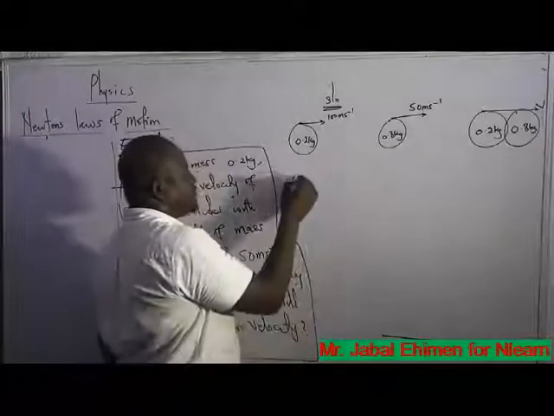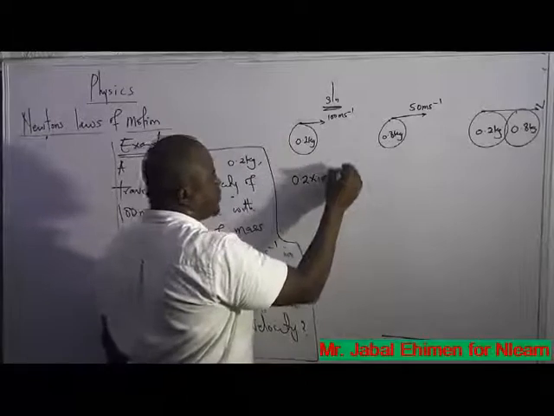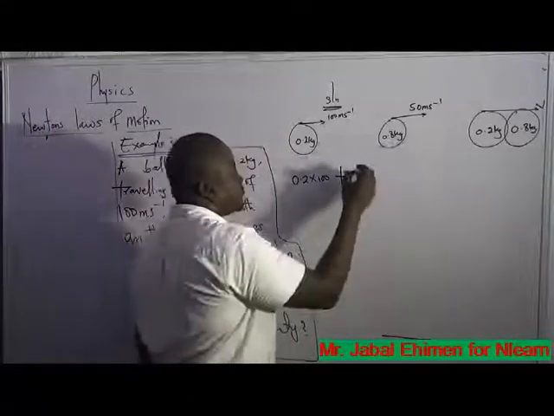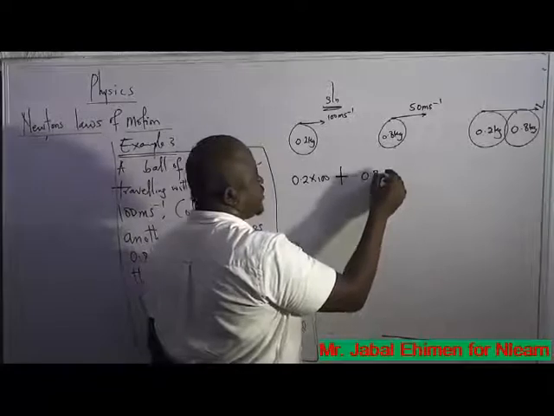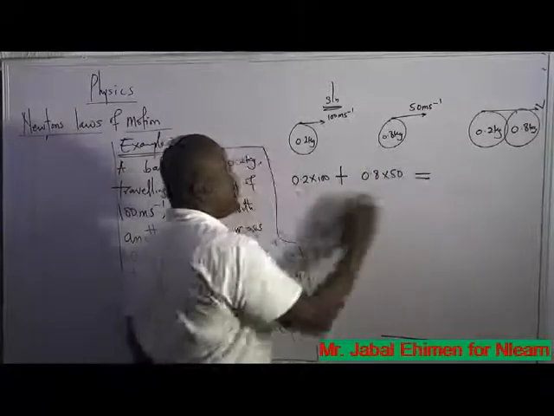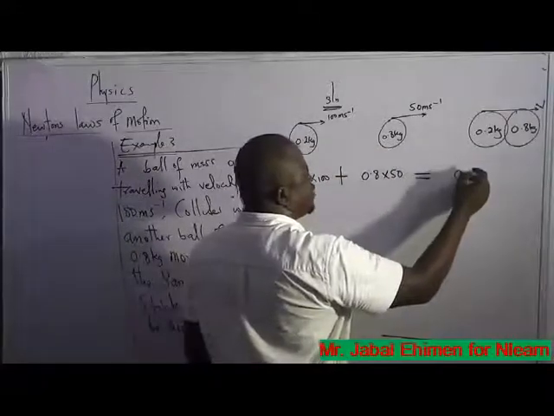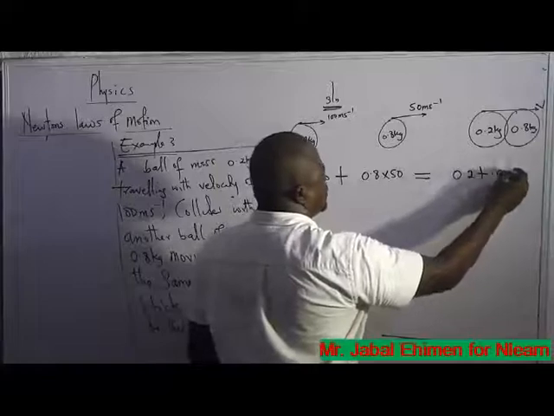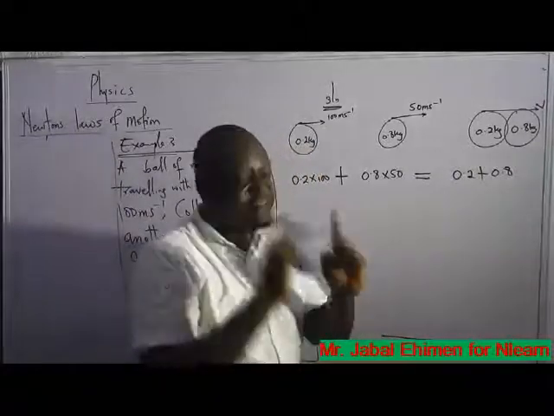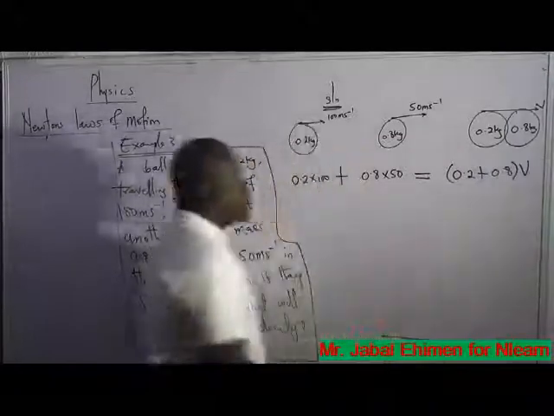So we'll take 0.2 times 100 plus 0.8 times 50. The sum of the initial is equal to the final. For the final, you now have 0.2 plus 0.8, because they are now considered as one entity, times v.